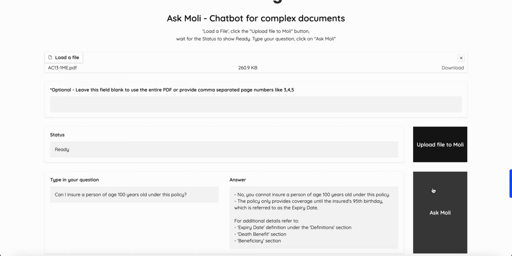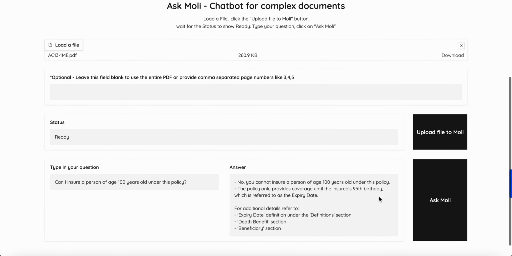It's in fact telling us that no, you cannot insure a person of age 100 years old under this policy, because the policy provides coverage only until the insured's 95th birthday, right? So it is giving a pretty definitive answer specifically for the document. And in fact, it is also telling us that if you want additional details, go to these particular sections. So quite handy.